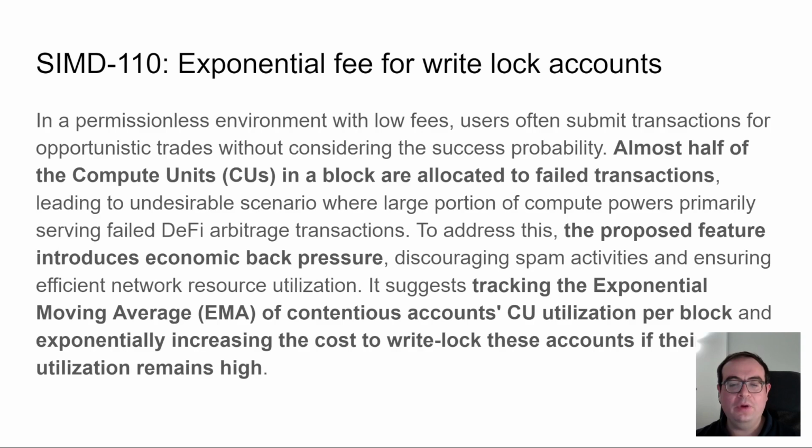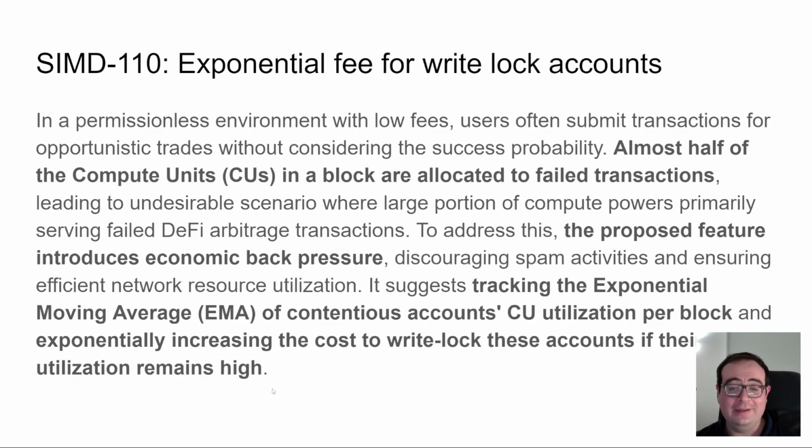Basically, this is a way to track the demand for each specific account. After you know which accounts are the most in demand, so which part of the state is more contested or needed, then you can exponentially increase the cost to write lock these accounts if their utilization remains high.